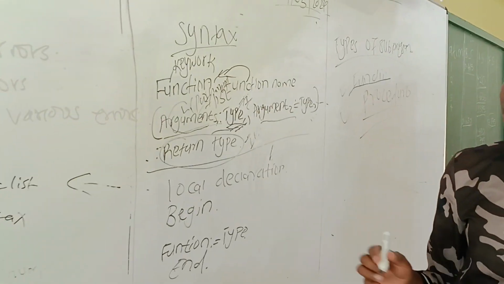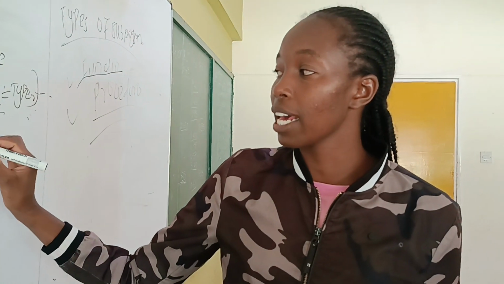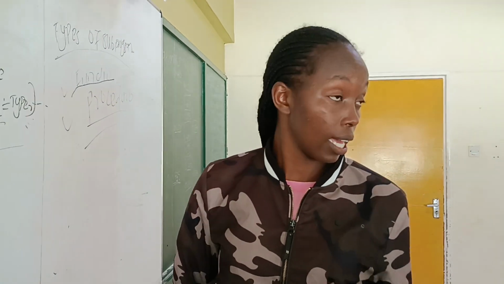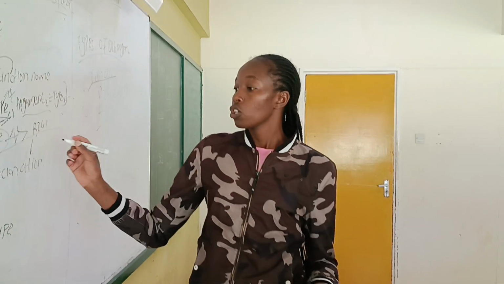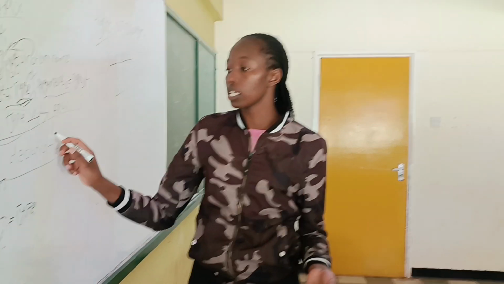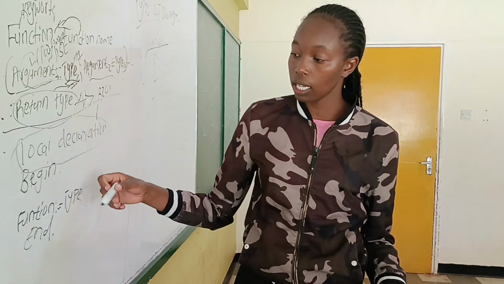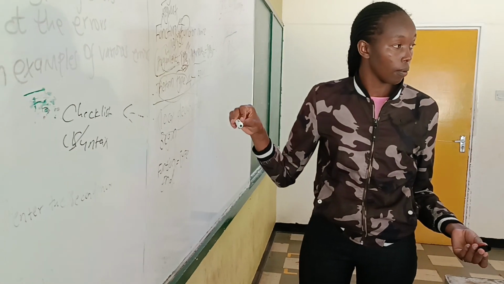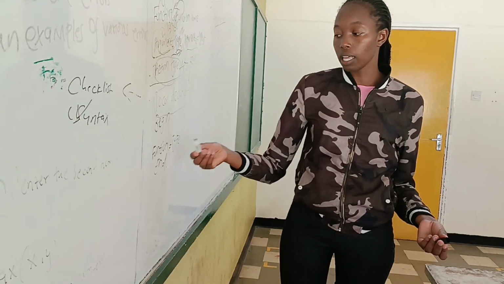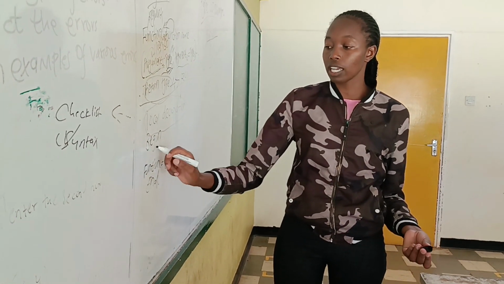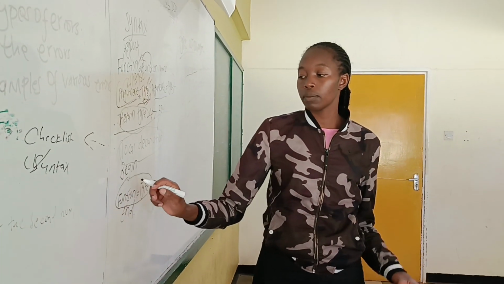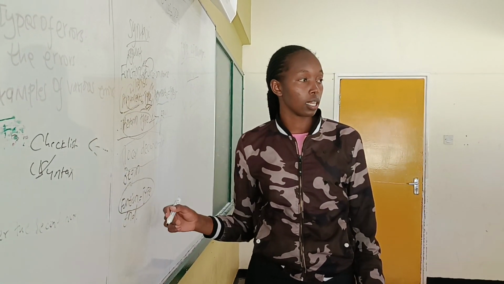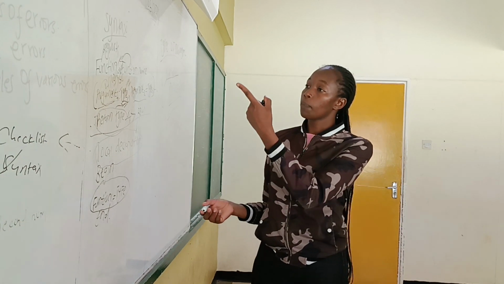It can return any data type, either real or integer. Then the local declaration. Local declaration happens before the keyword begin. And then the function assignment, which can be done within the program body.